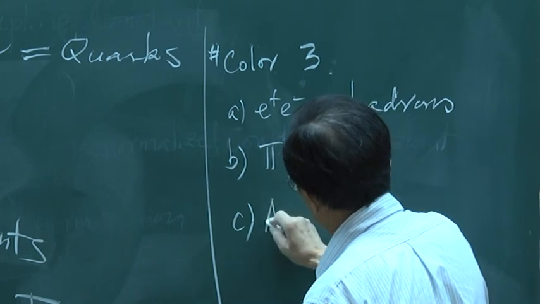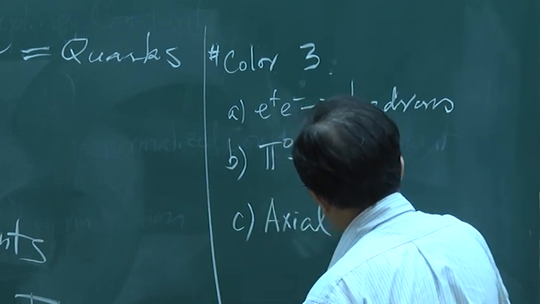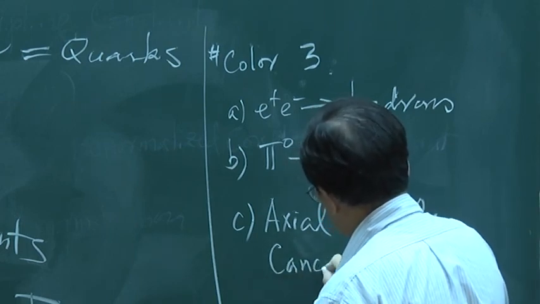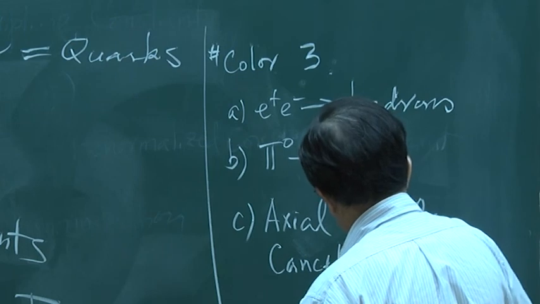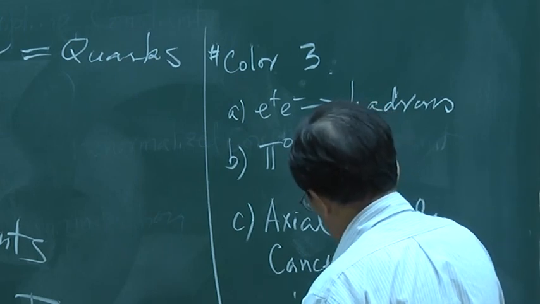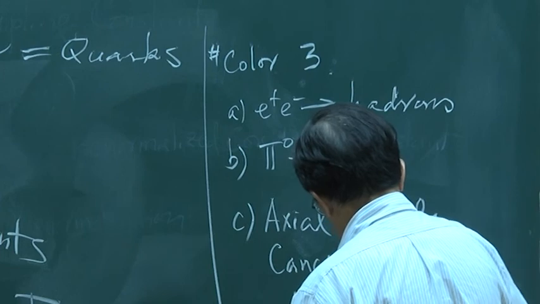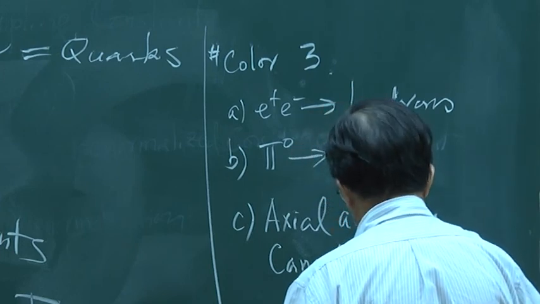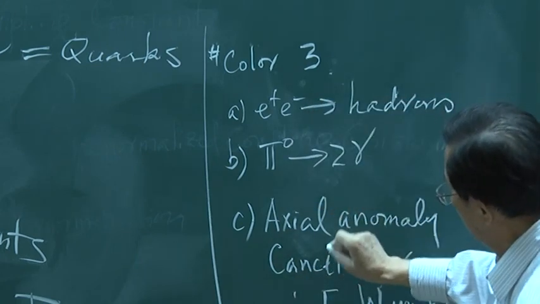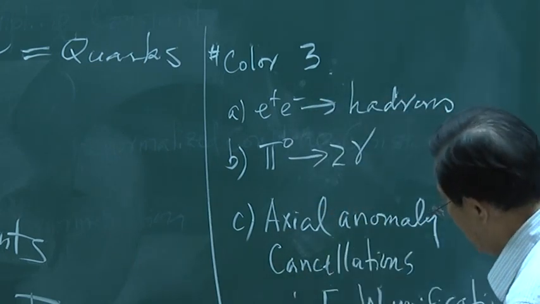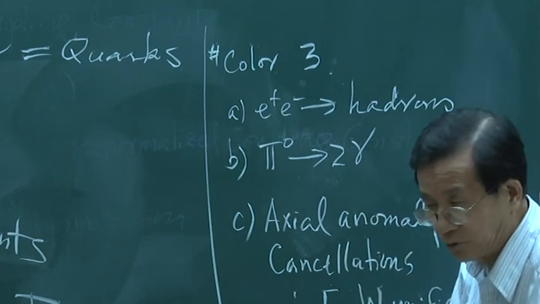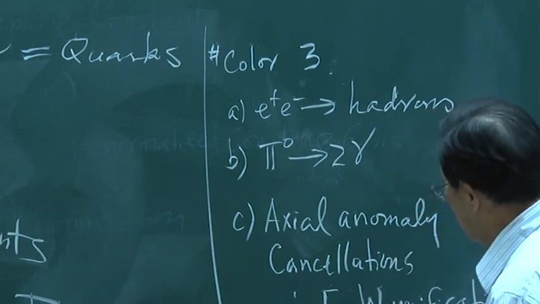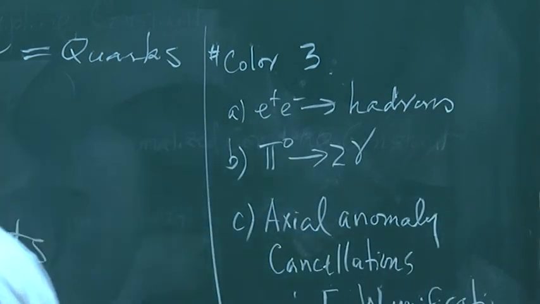Oh, the axial anomaly cancellation in electroweak unification. You need the 3 so you can show this axial anomaly will cancel, and the cancellation is very crucial for the theory to be renormalizable. Without this, the theory will not be renormalizable. Okay?